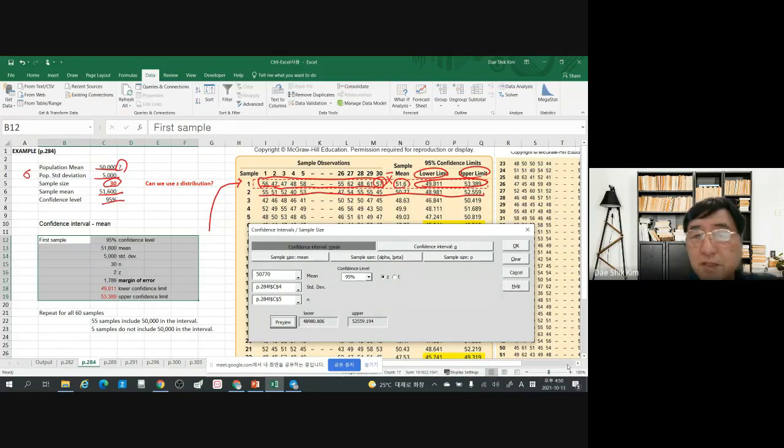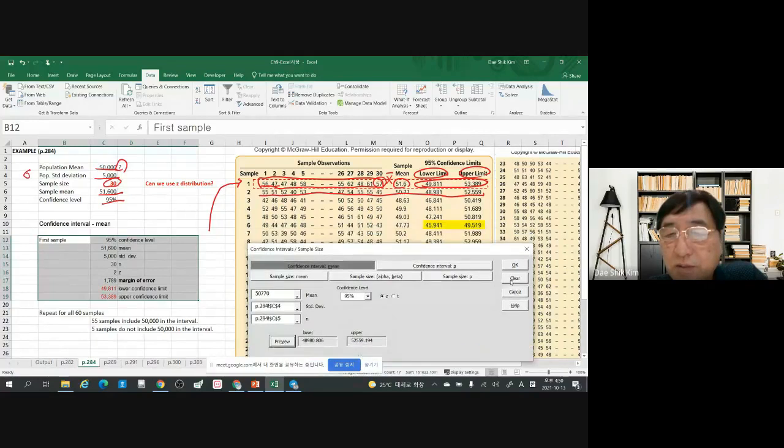See this number, 48,981. Second case. Okay, upper 52,559. We already have this one. We will continue.